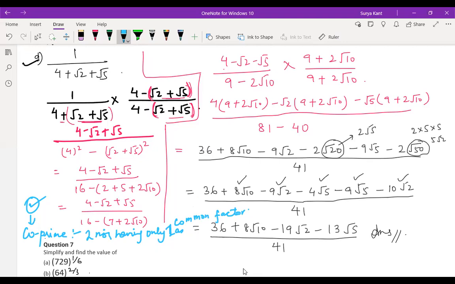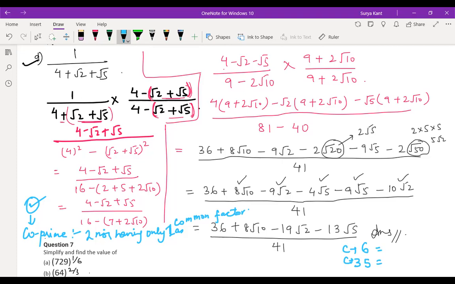6 and 35. Are they co-prime? No, sir. They can be. See, both are composite numbers. But are these co-prime or not?